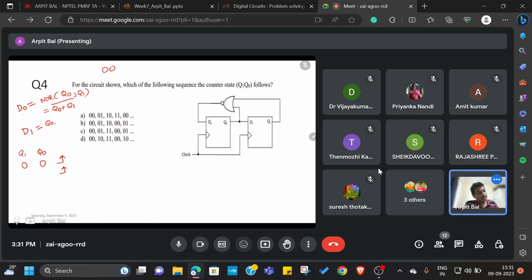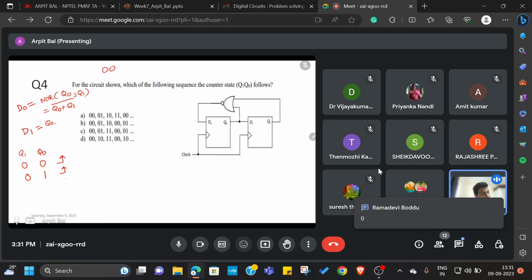Let us figure out what D0 is going to be. D0 is NOR of these two: 0 plus 0, complement, which is going to be 1. What will be D1? It will be nothing but the copy of Q0. Q0 is 0 in the previous state, so it is going to be 0.